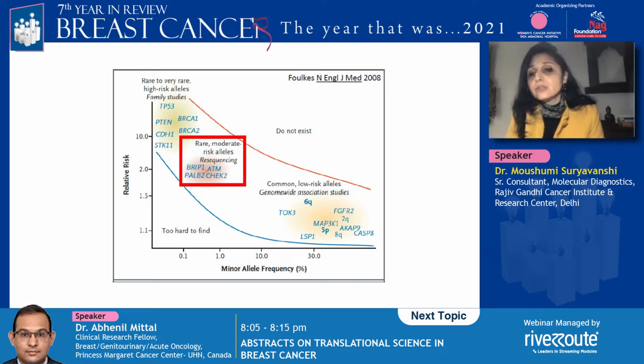So if we have these SNPs adding to these moderate risk genes, and the polygenic scores generated from these SNPs add to the moderate risk gene, it will overall influence how we screen and manage these patients.